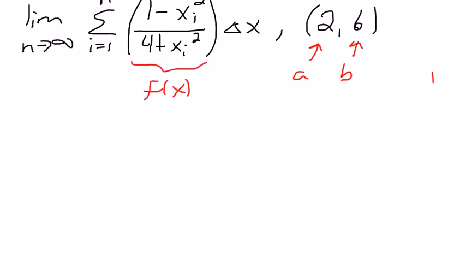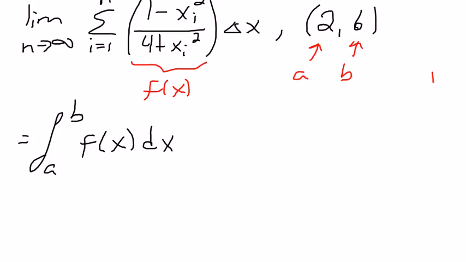So, simply as before, what we're going to do is set this up as a definite integral. Recall that we had the integral sign from a to b, f of x, dx, and we simply put in our limits for b and a, so that's going to be 6 and 2, and then we input what we have for the function.